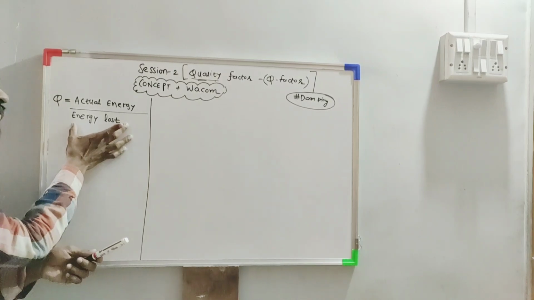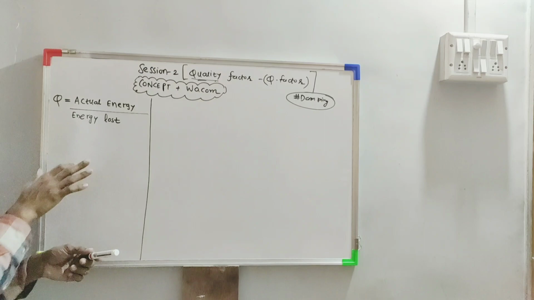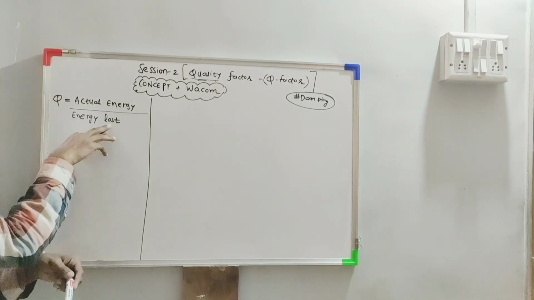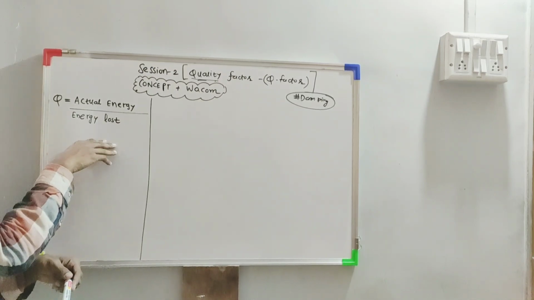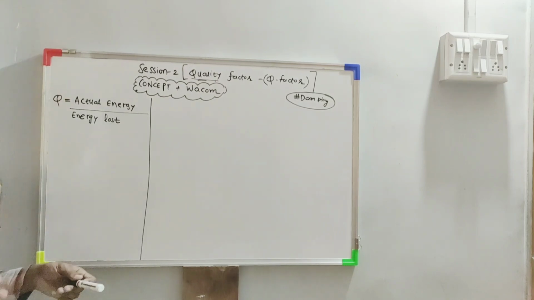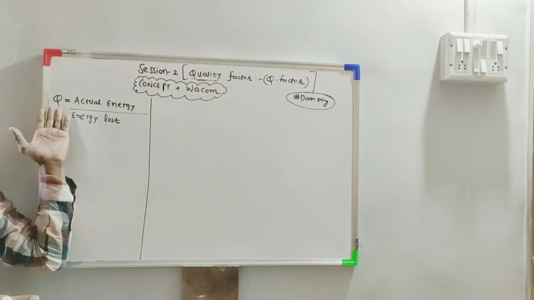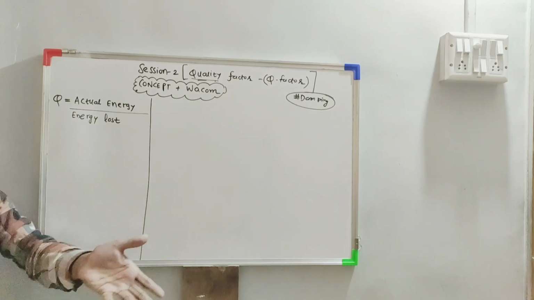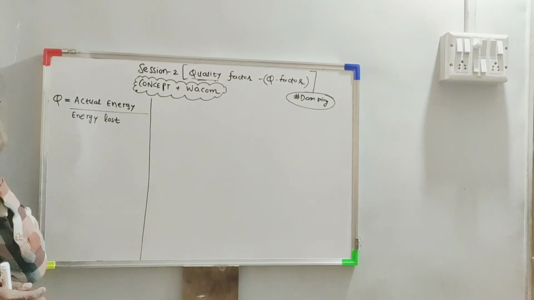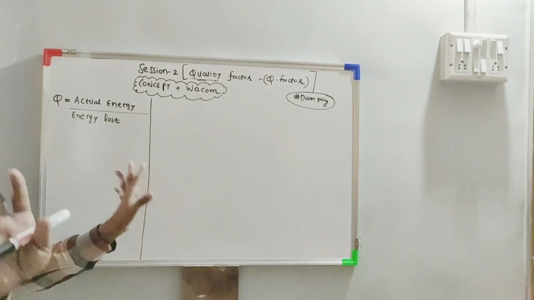So if the loss of energy is more, the quality factor will be less. If the loss of energy is less, the quality factor will be more, meaning it is still giving some efficient oscillation. If almost 90% of energy is lost, the quality factor will be almost 0.1, 0.2, 0.3 likewise. Hence it's almost drained like that.